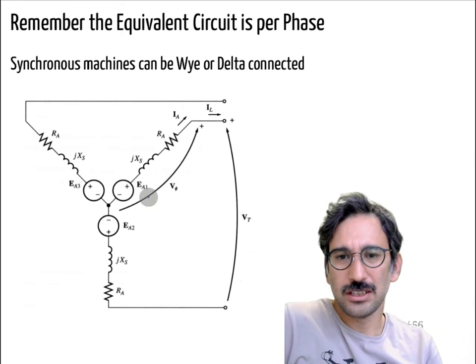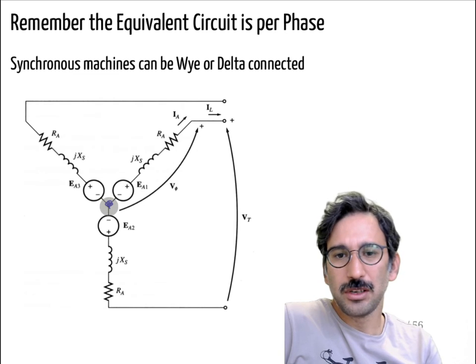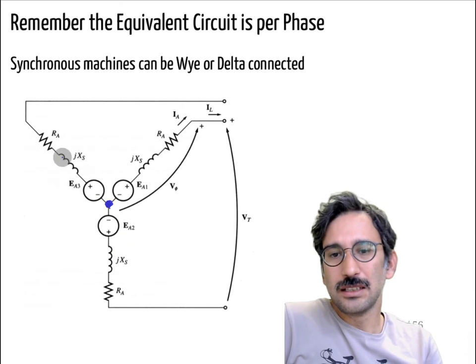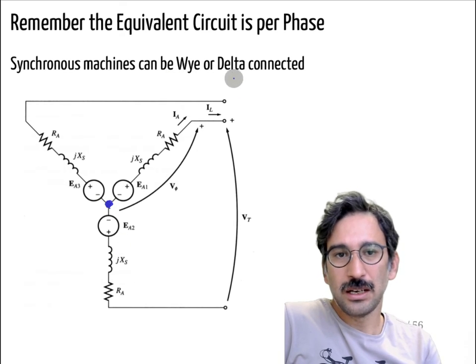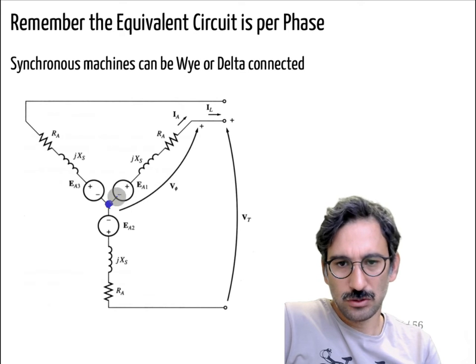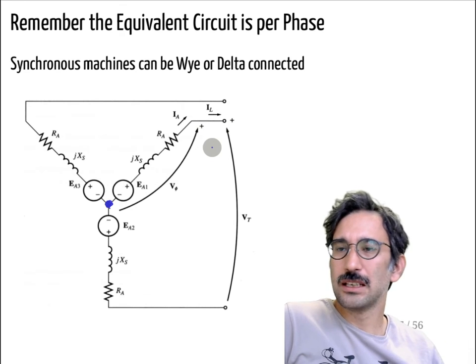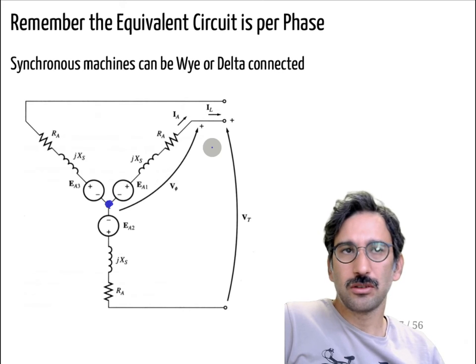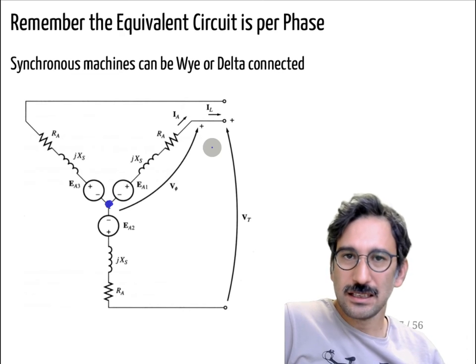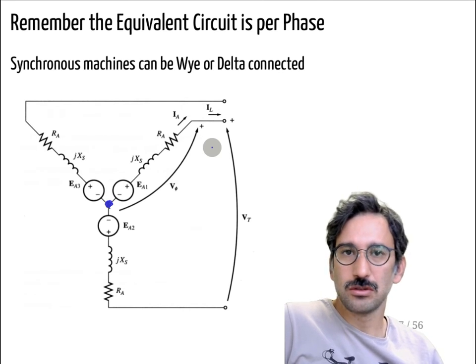And those three-phase machines, as I showed in the previous videos, are connected either Y or delta. So you have a common point and you will have the terminal voltages getting out. The important thing is you can make all your calculations in a single phase or per phase equivalent circuit, like we did with the transformers.